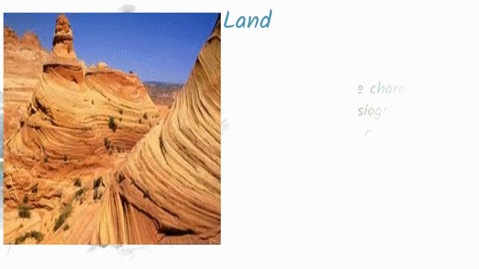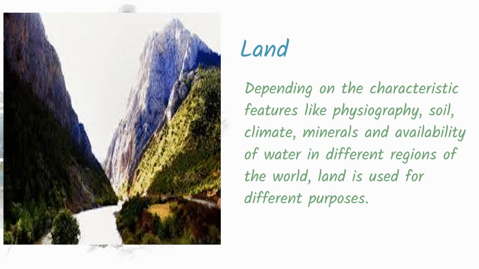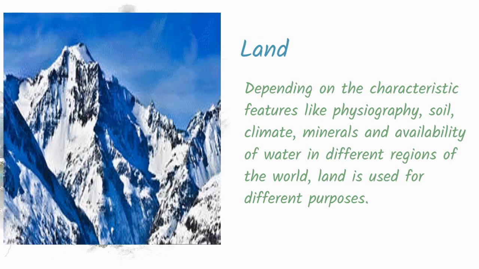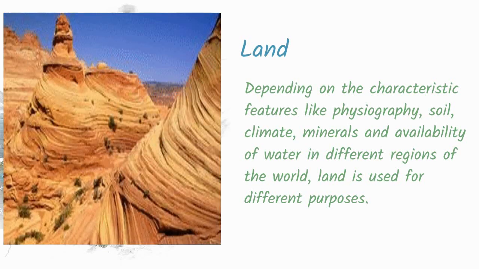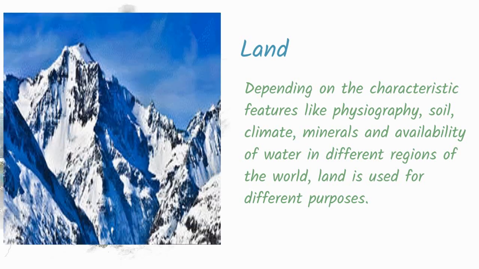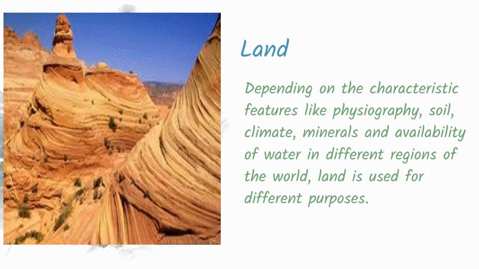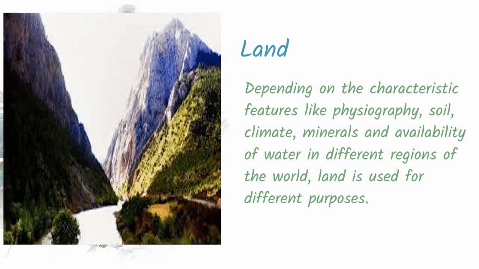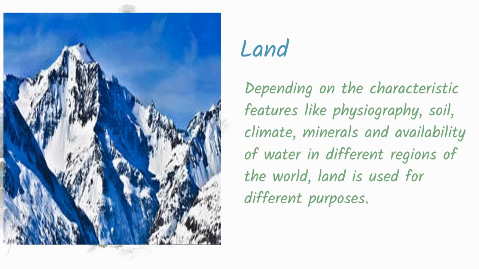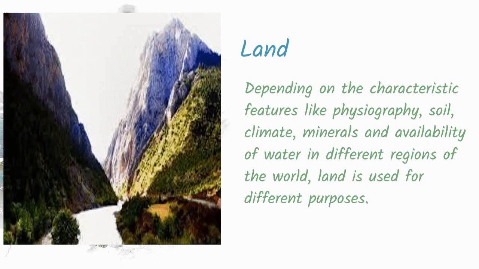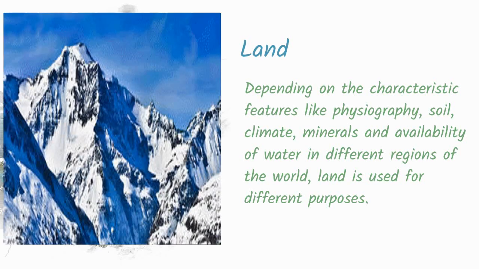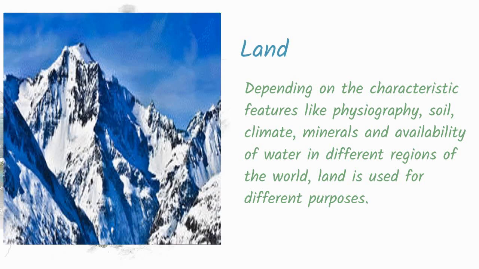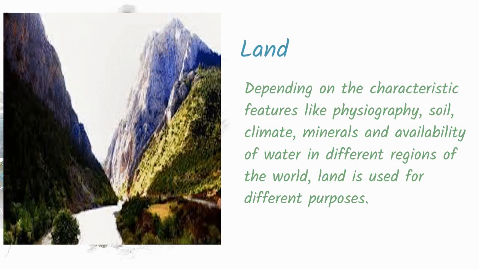Depending on the characteristics like physiography, which basically means the type of land, for example, whether it's a plateau or a grassland or a mountainous region, and different characteristics such as the soil, climate, minerals, and availability of water in different regions of the world, land is used for various purposes.